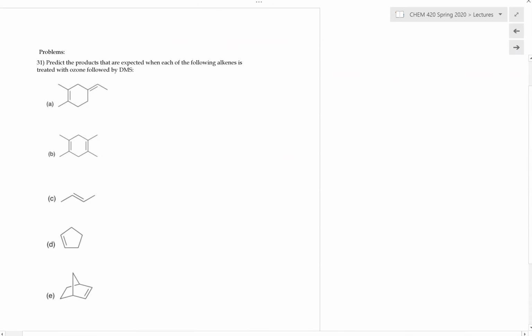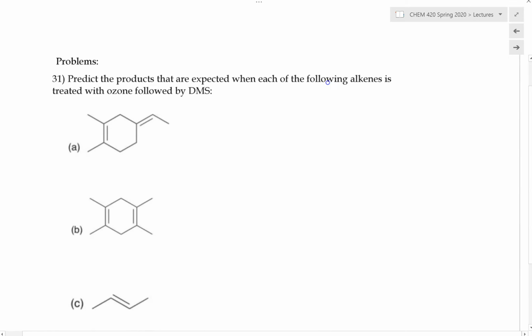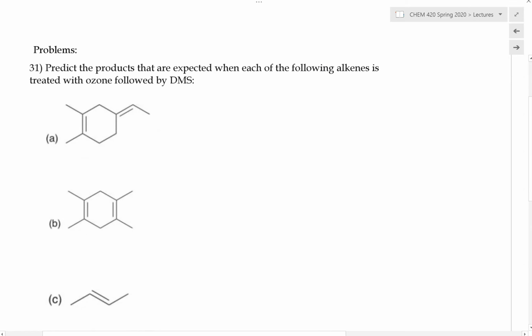Now let's try some of these reactions. Predict the products for this reaction when this alkene is first reacted with ozone, followed by reduction using DMS. Knowing that this is an ozonolysis reaction, we will be able to cleave this carbon-carbon double bond and this carbon-carbon double bond as well.